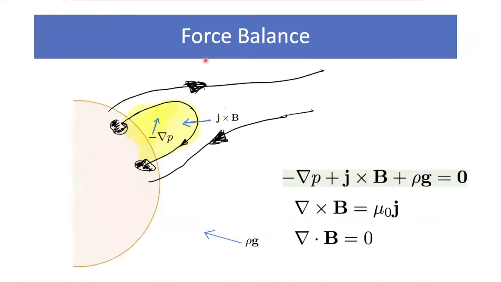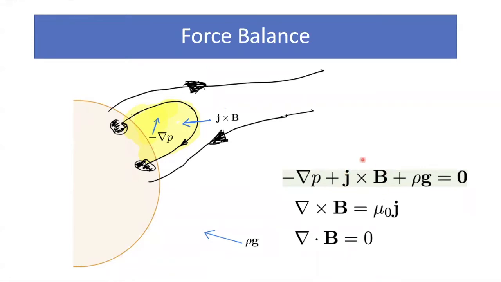Right, so let's start quite simply and just look at force balance. I'm pretty certain you're all aware of the MHD equations. So most of the time we'll be talking about MHD, and the force balance equation that we would use there, I've highlighted here in light green.